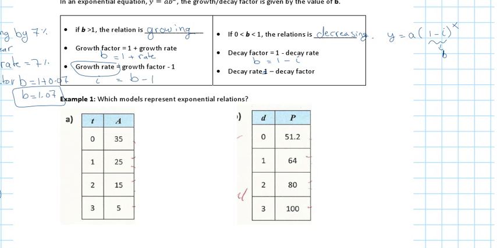Bring what over? I. Okay, so if I bring the I over, it's going to become B plus I equals 1. Then I just want I by itself. I equals 1 minus B. Correct, because I'm going to bring the B over here, and it's going to be I equals 1 minus B, right? So to find the decay rate, which is I, you're going to do 1 minus the decay factor, so 1 minus B.